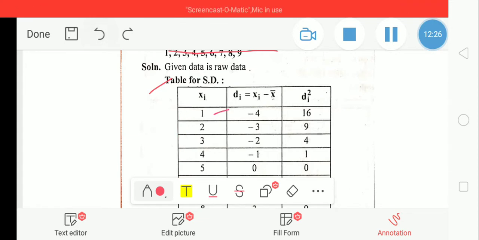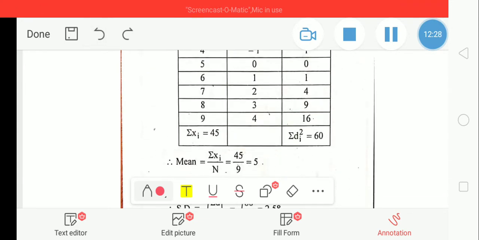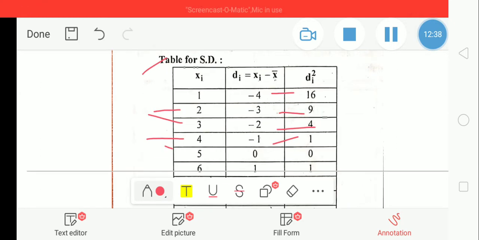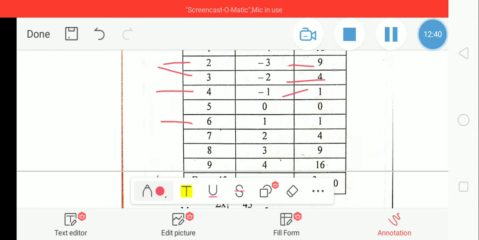So 1 minus 5 is minus 4, 2 minus 5 is minus 3, 3 minus 5 is minus 2, 4 minus 5 is minus 1, 5 minus 5 is 0, 6 minus 5 is 1, 7 minus 5 is 2, 8 minus 5 is 3, 9 minus 5 is 4.